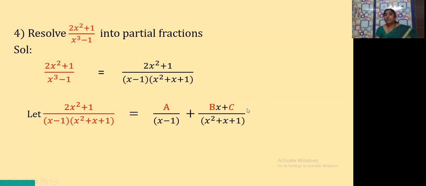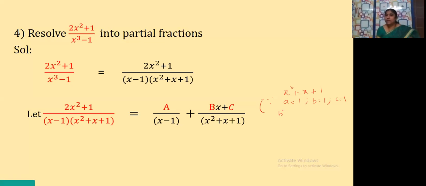Because if you find the discriminant, let us see here. What is the discriminant? x square plus x plus 1, this is the polynomial what we have. So here a is equal to 1, coefficient of x square, and b is equal to 1, and c is equal to 1.